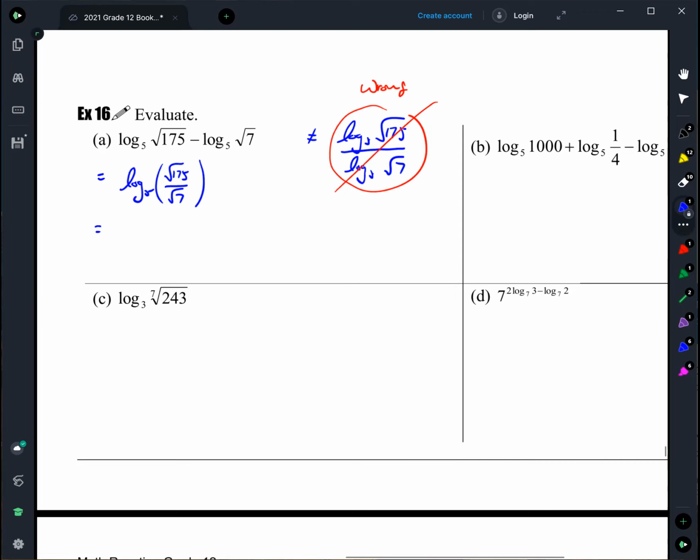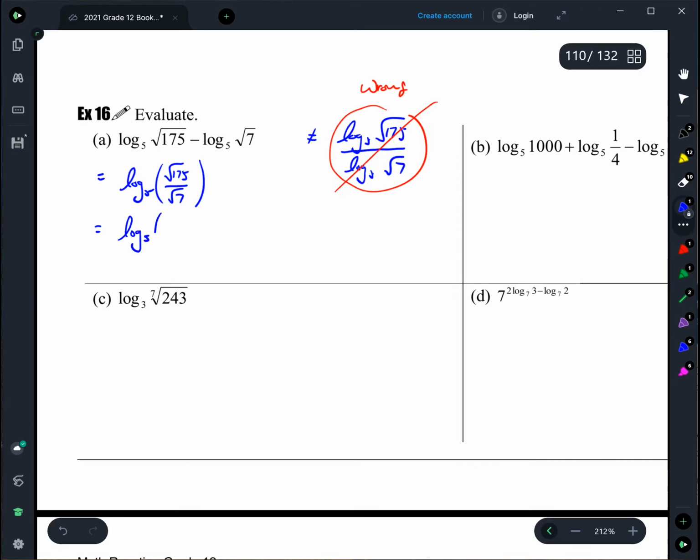Can you tell me what that equals, Evan? The inside. Evan, are you there? Can you tell us what the inside simplifies to? Let me get my calculator.